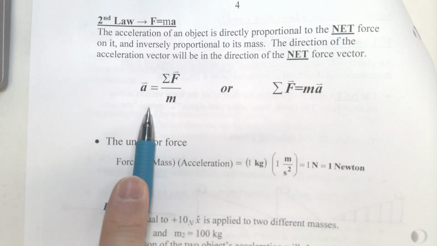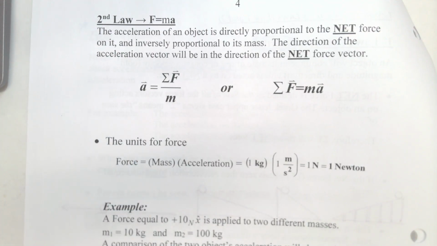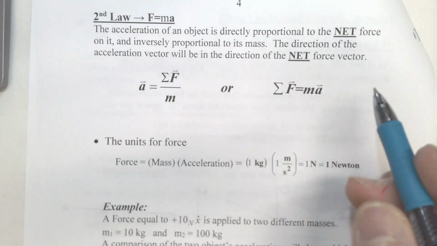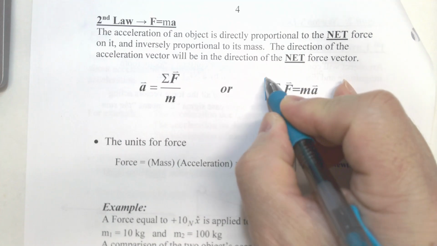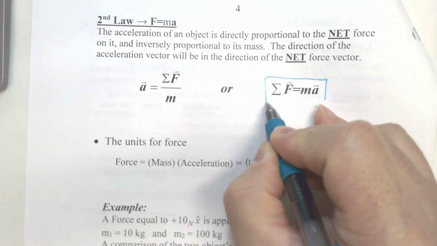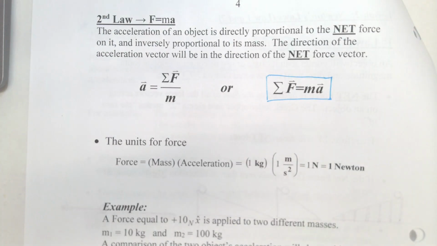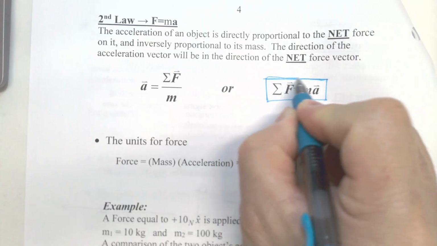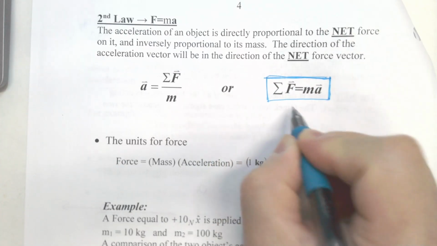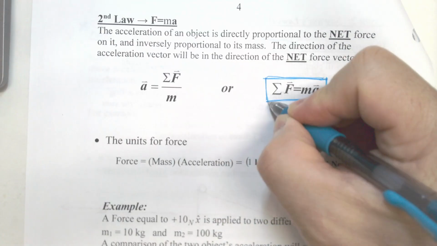This is the way he described it. And if I multiply mass to both sides, this becomes Newton's second law: the net force is equal to ma, or F equals ma.